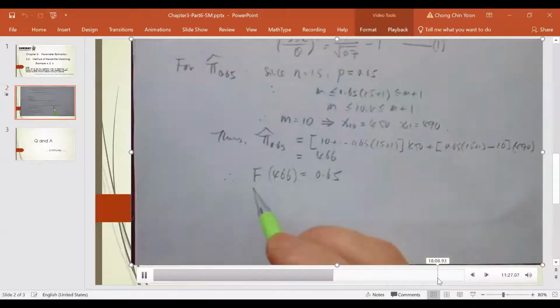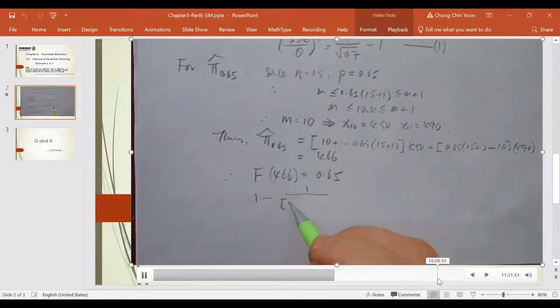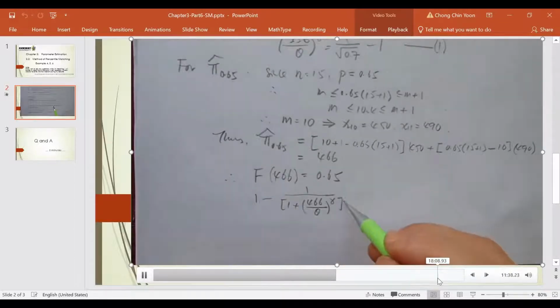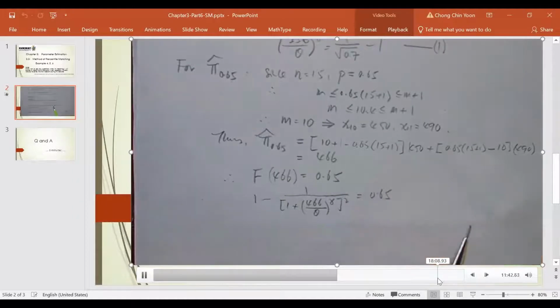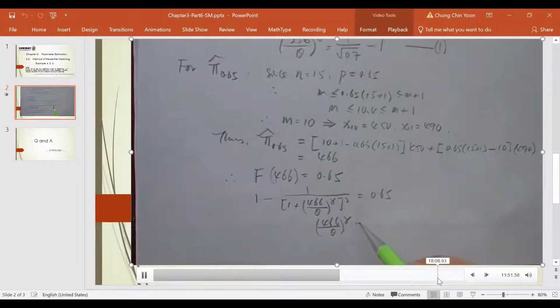I will have 1 minus 1 divided by 1 plus 466 divided by theta to the power of gamma, squared, which equals 0.65. Simplifying this equation, I will have 466 divided by theta to the power of gamma equals 1 divided by the square root of 0.35, minus 1.